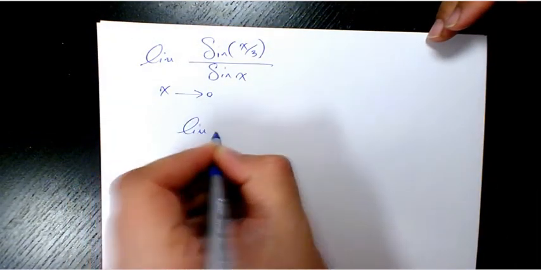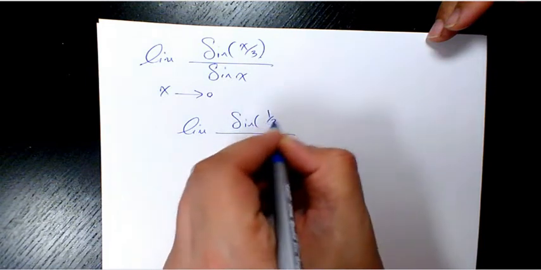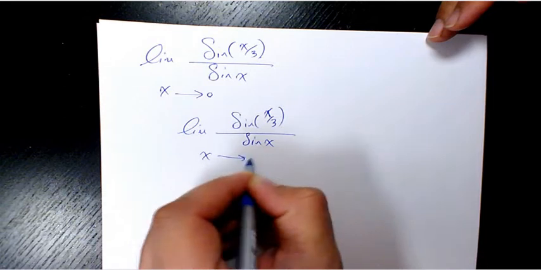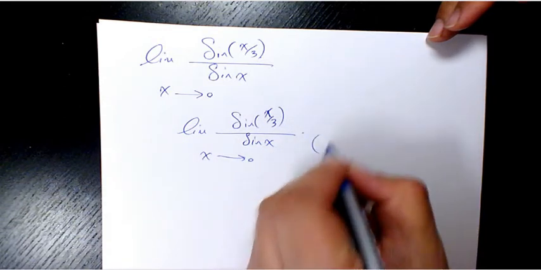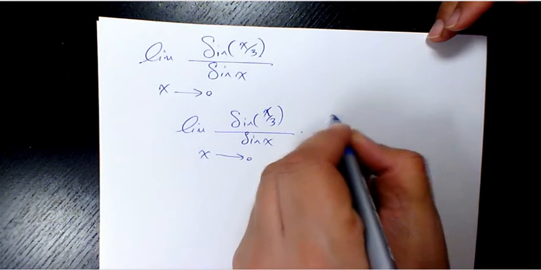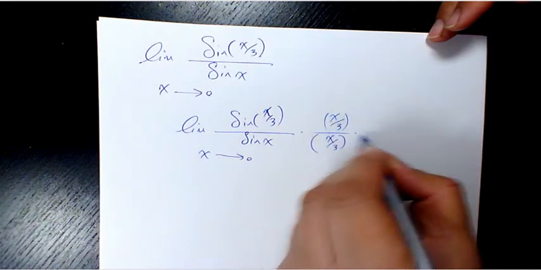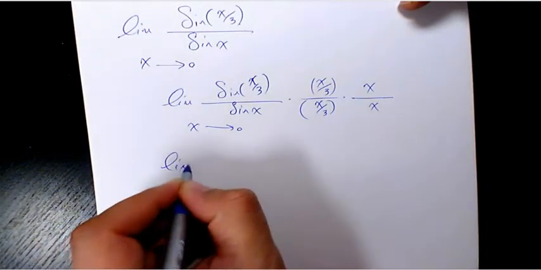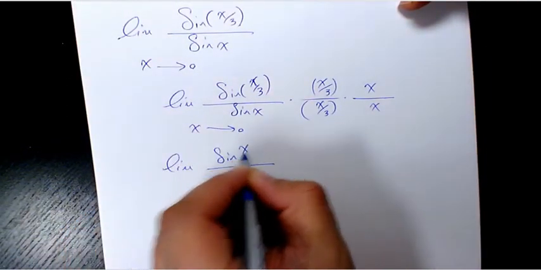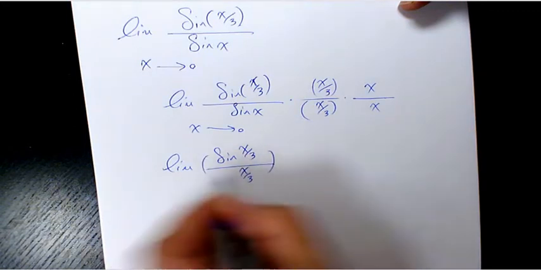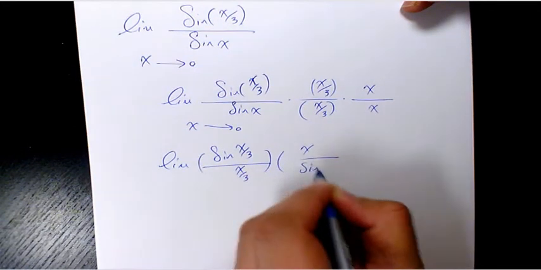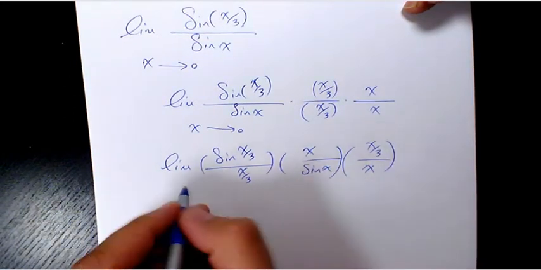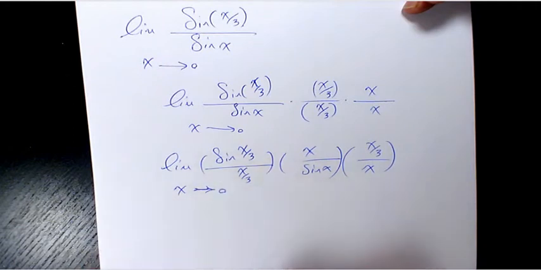So what I'm going to do, I'm going to multiply both numerator and denominator by x over 3 and then x, which is going to make it sine x over 3 over x over 3, times x over sine x, where x over 3 and x are approaching 0.